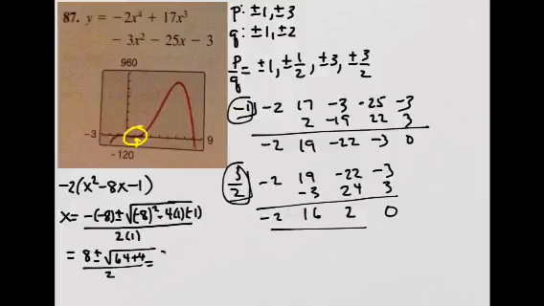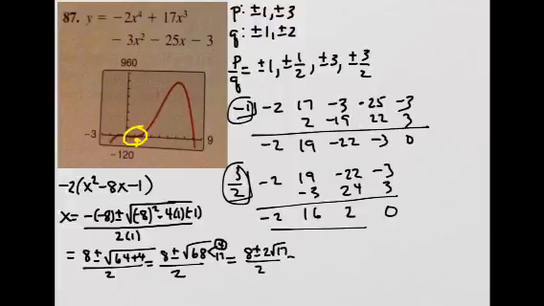So that's 8 plus or minus square root of 68 over 2. 68 is 4 times 17. So the 4 is going to come out as a square root of 2, as 2. And so you get 8 plus or minus 2 radical 17 all over 2.